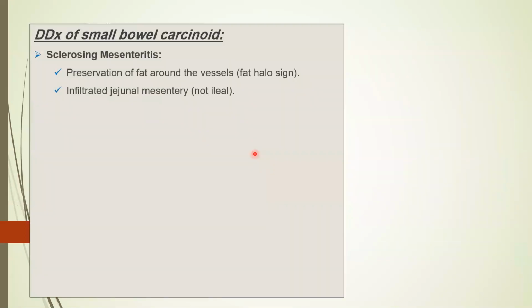The differential diagnosis, the most important is sclerosing mesenteritis. The most important sign in this condition is the fat halo sign, which is preservation of fat around the mesenteric vessels, unlike the carcinoid tumor, in which this sign is most likely not seen.